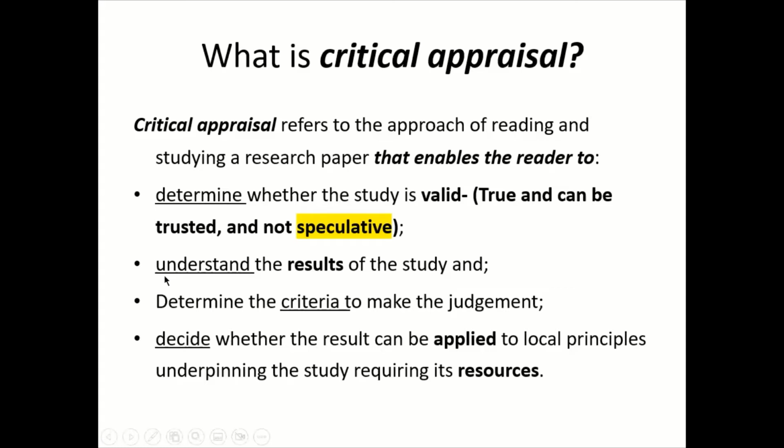Two, understand the results of the study and also determine the criteria to make such a judgment about the paper you are analyzing. And then decide whether the result can be applied to local principles underpinning the study requiring its resources. All right.